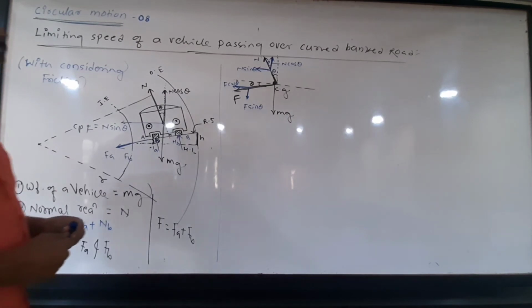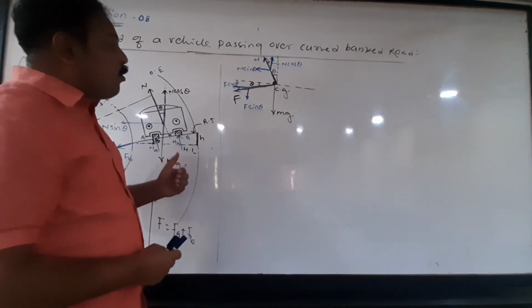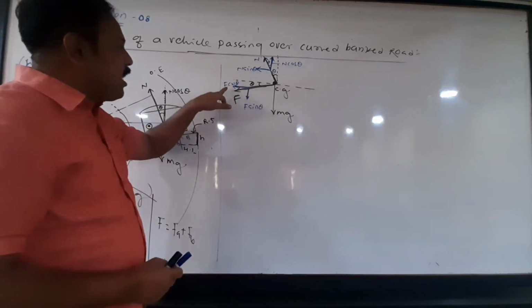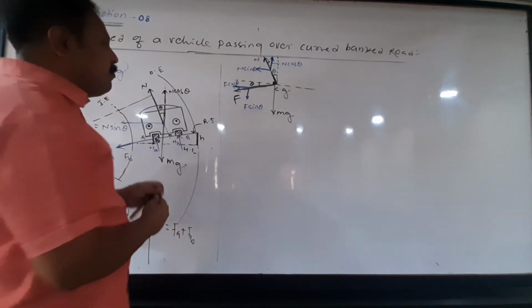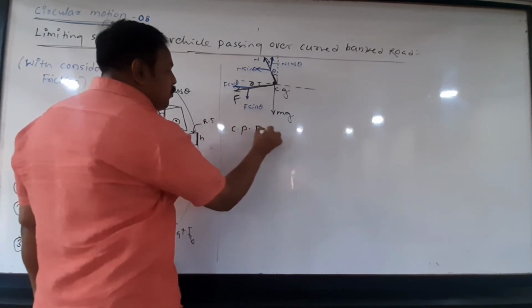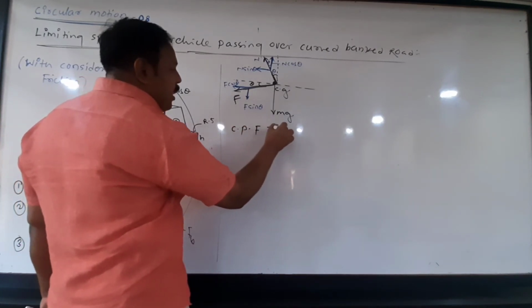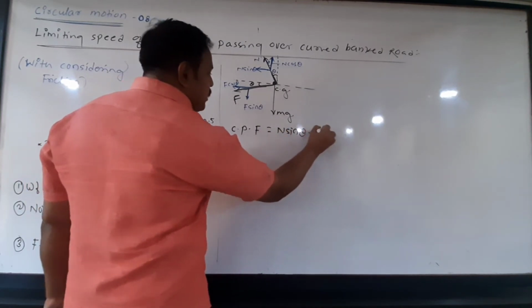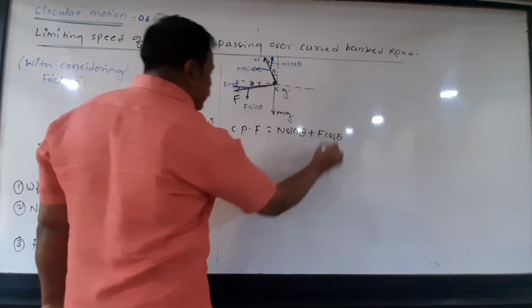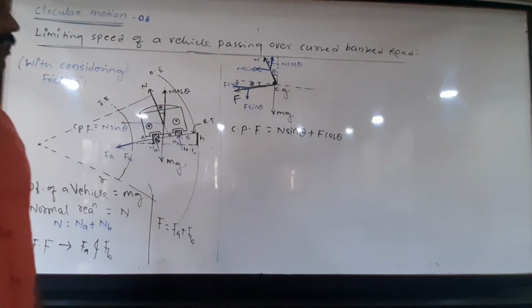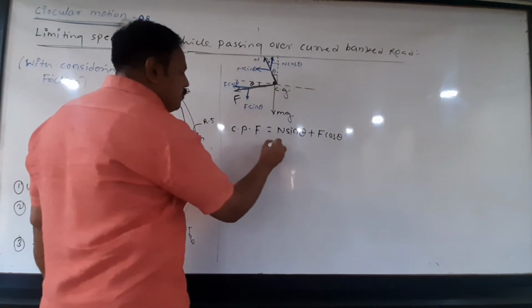Now, how many horizontal forces are there? N sin theta is there, and at the same time F cos theta is there. It means that in this case the centripetal force is provided by N sin theta plus F cos theta. But what is F?